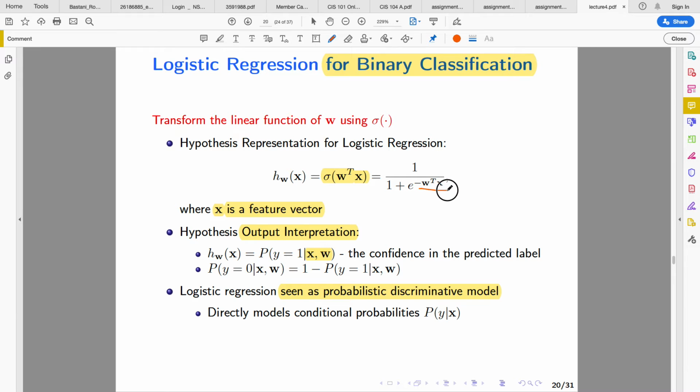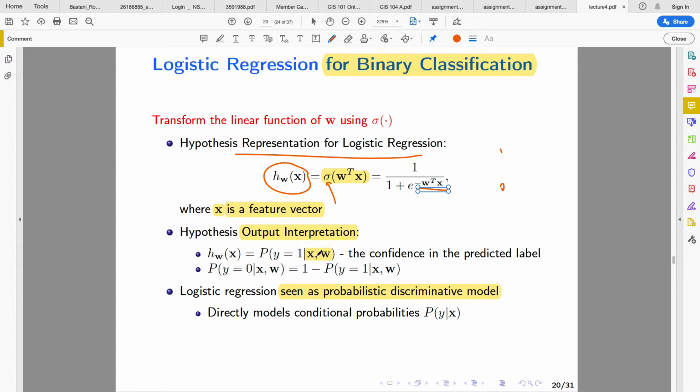I've explained this before, so you just substitute the values there with a z. So this is now the representation for our logistic regression. Once we have computed this, because we are passing it through the sigmoid function, it's going to give us a value between 0 and 1.